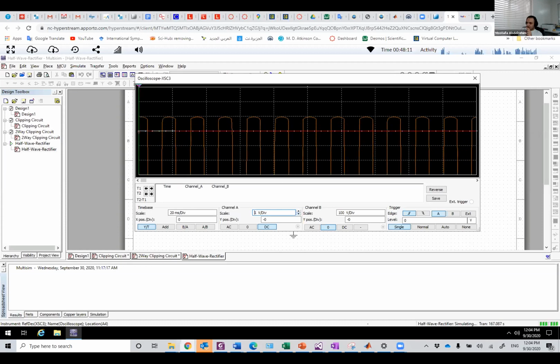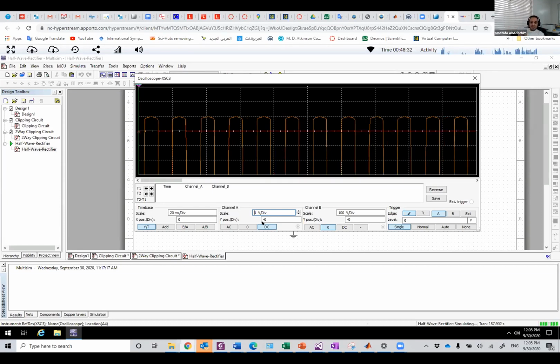Here it's approximately 1 division, multiplied by 1. So this is basically 1 volt. So it's not 0.8, it's not 0.7. So what's going on here? Why is it not 0.7 like our analysis?